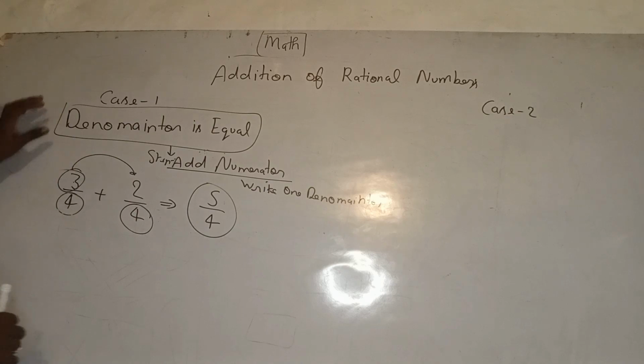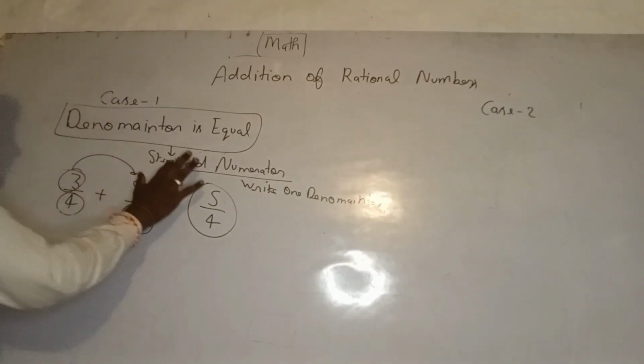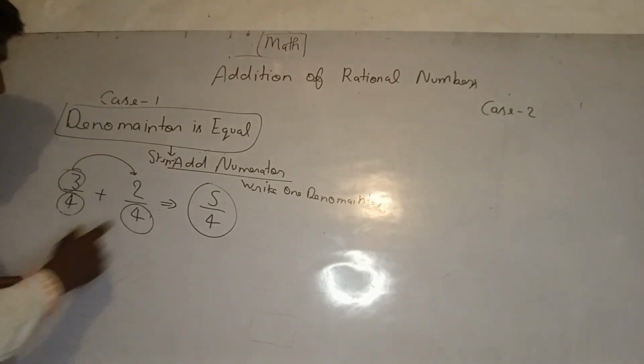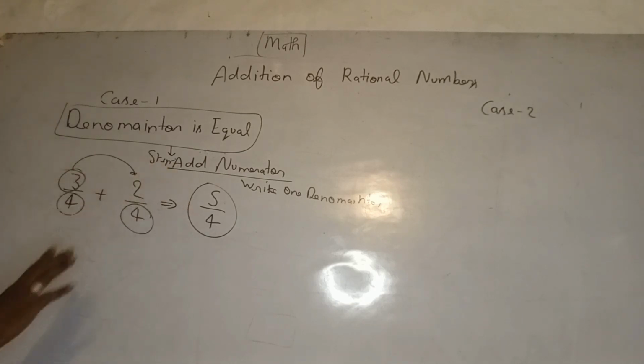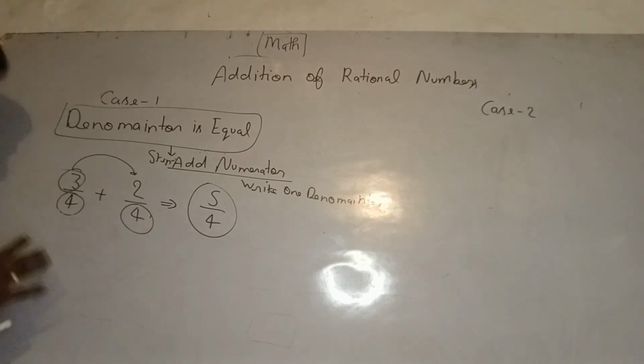If the denominator is equal, this applies to addition of rational numbers and also to subtraction. Step 1, add the numerators, the upper digits, and write the denominator. Very simple. Only add the numerators and write the denominator.